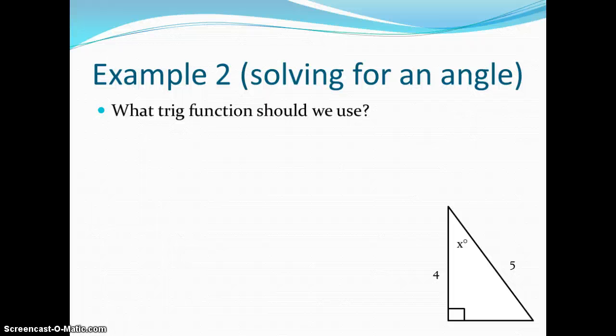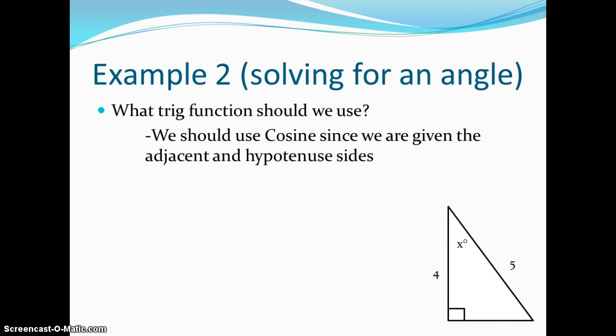So for example 2, for solving for an angle, what trig function are we going to use? We have 4, which is right next to the angle, so it's the adjacent, and we have 5, which is our hypotenuse. So we're going to use cosine, because we have adjacent and hypotenuse.